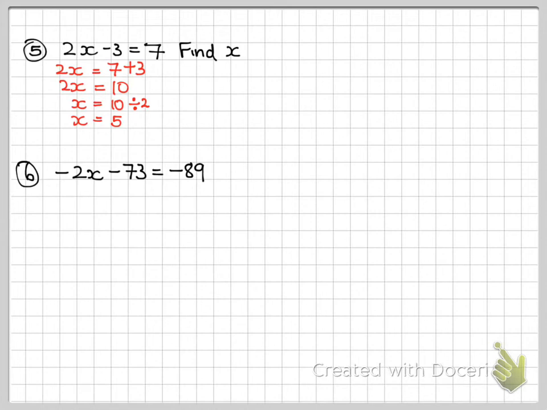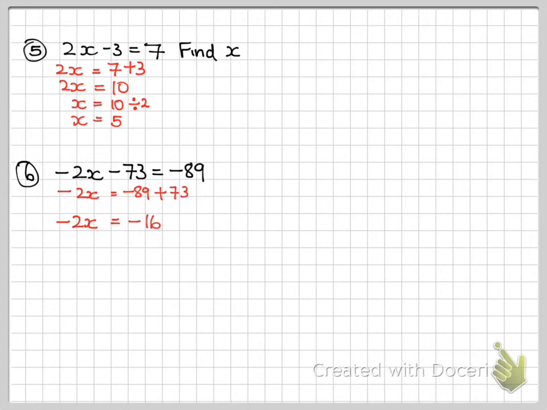Now, because on the left hand side I've got minus 73, remember when we're backtracking, I need to plus 73 on the right hand side. And then that gives me minus 2x is minus 89 plus 73, and we know that minus 89 plus 73 is minus 16. If you don't believe me, you can check it on your calculators. You should get minus 16.